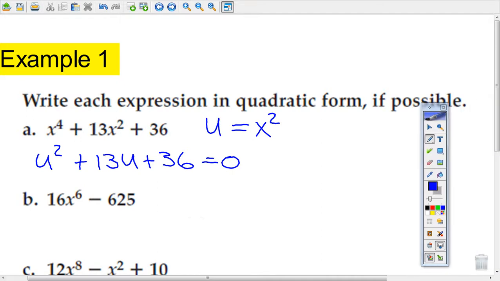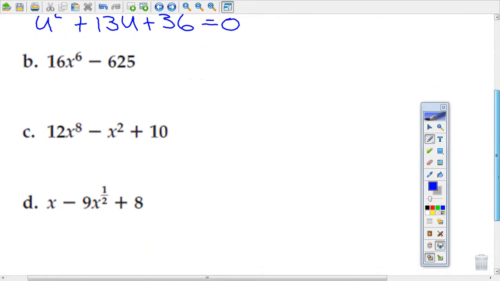Yeah, let's look at b. How do you write b in quadratic form? Right now, this is degree 6. So how do we take this 16 x to the 6th and get it to be something squared?